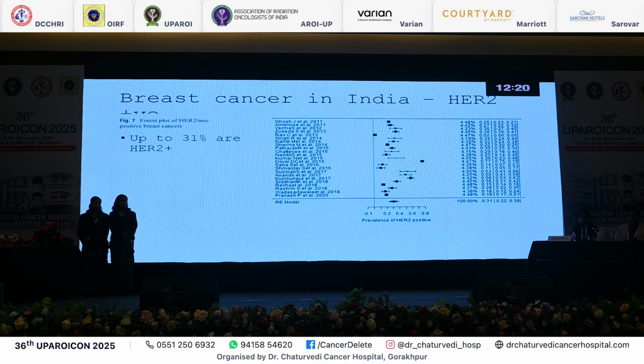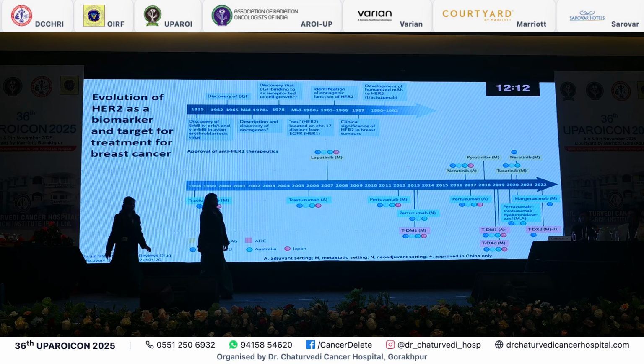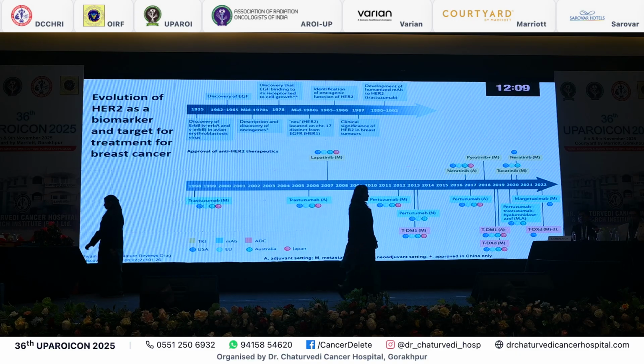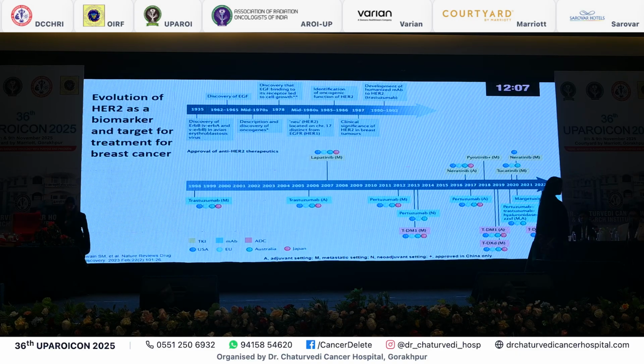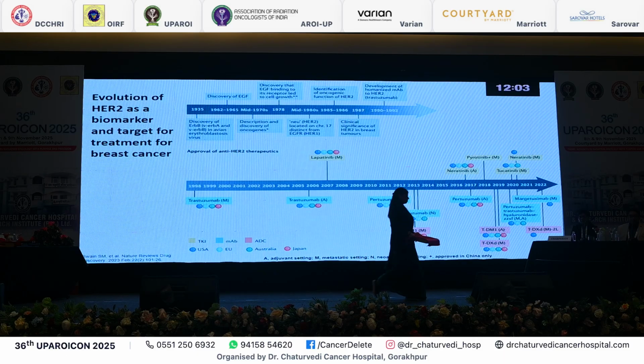But 30% is the real world data of India. And if you see the evolution of HER2 as a biomarker and target for treatment of breast cancer, starting from trastuzumab in 1998, when it first came, it changed the survival of breast cancer patients. Now, in 2022 and even now in 2025, other than trastuzumab, 3-4 molecules are there, and it has not happened in a day.